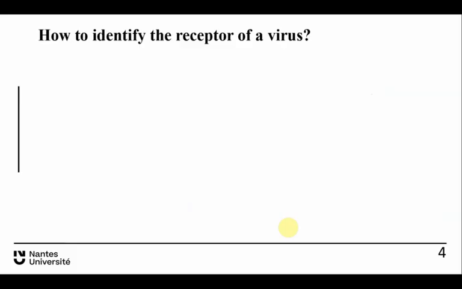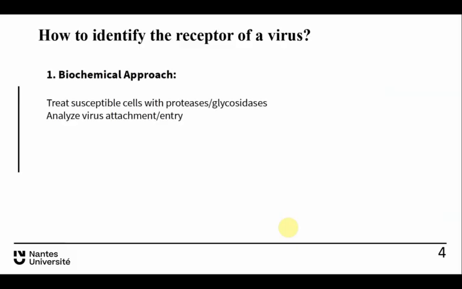Okay, so one of the things is how do we know all of this stuff? For a long time, the first question you might have was, is my receptor a protein or some kind of glycan?